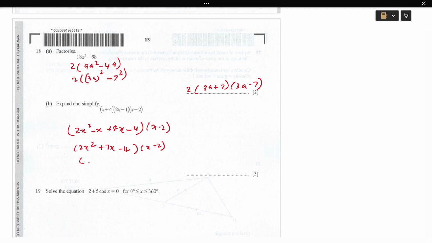Again I'm expanding: 2x cubed minus 4x squared plus 7x squared minus 14x minus 4x plus 8. So the answer is 2x cubed plus 3x squared minus 18x plus 8. That is the final answer.